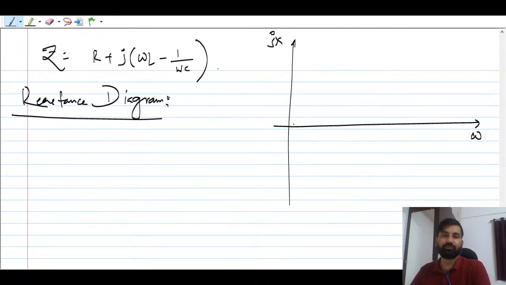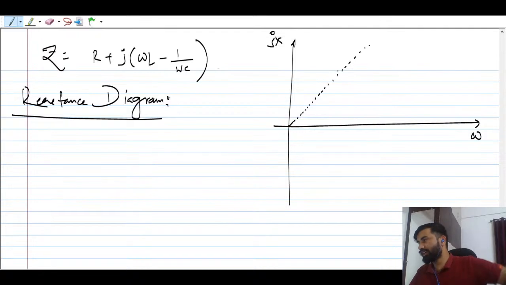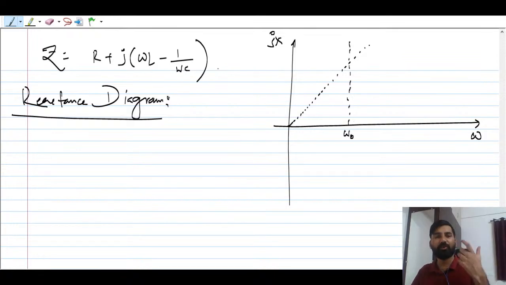So this is XL. You go on, and at one frequency, that frequency is going to be omega naught. That is the resonant frequency, at which the entire circuit will become a purely resistive circuit. I think you should know that. So this is nothing but minus jX.